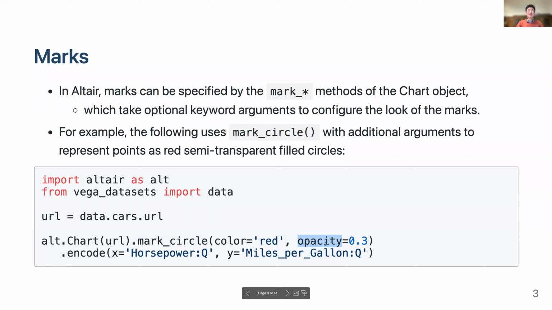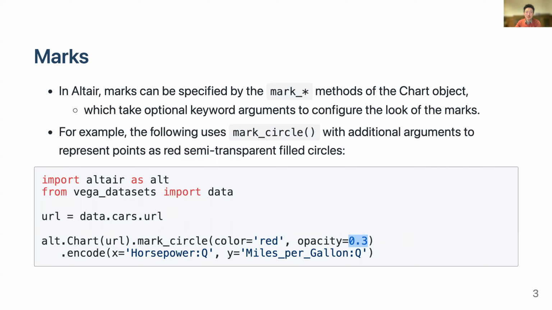When opacity is 1, that means completely opaque, not transparent at all. When it's 0, that means completely transparent, which means you can't see it at all. Anywhere in between 0 and 1 will give you something you can still see, but you can also see through it, so you can see if there's anything behind it.